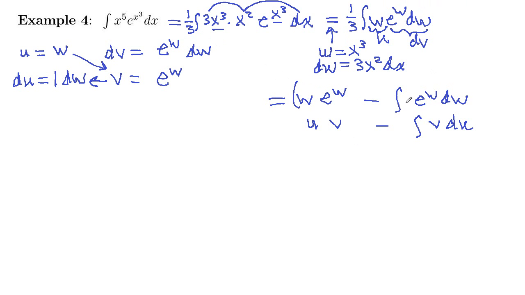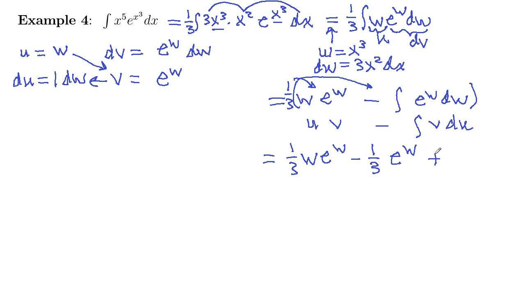So we need to do 1/3 around this whole expression. And now I can go ahead and multiply the 1/3 in here times each piece. So I've got 1/3 w e to the w, and then minus 1/3. And now we'll go ahead and do our antiderivative of e to the w, which is just e to the w, and then plus a constant.